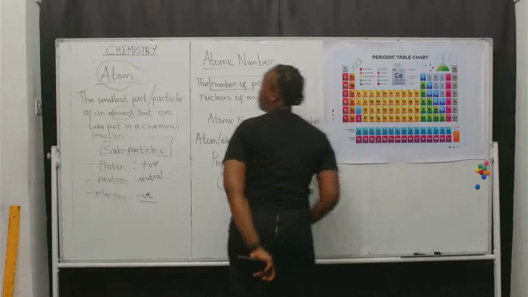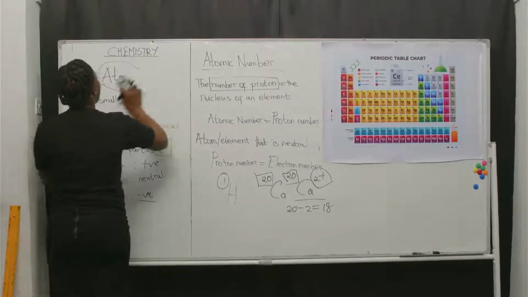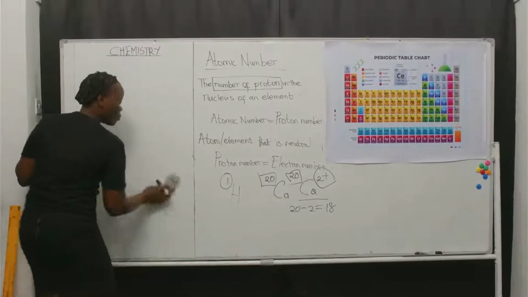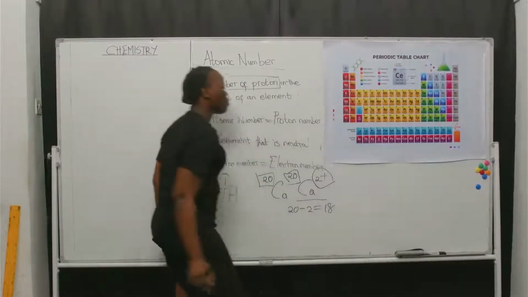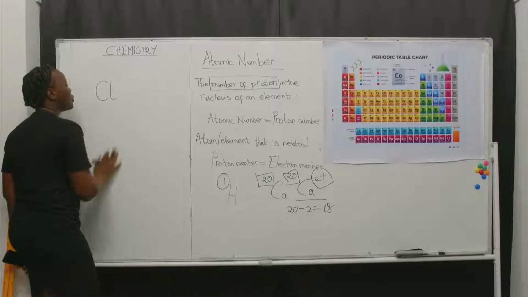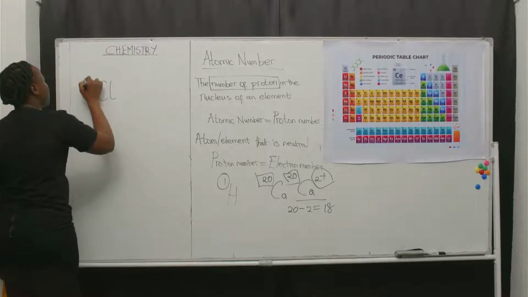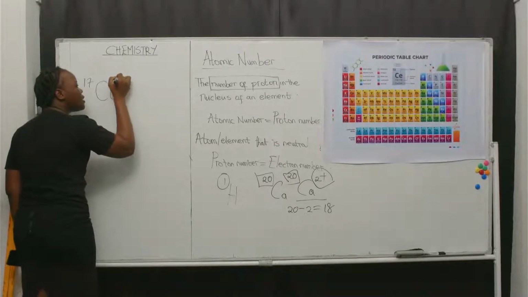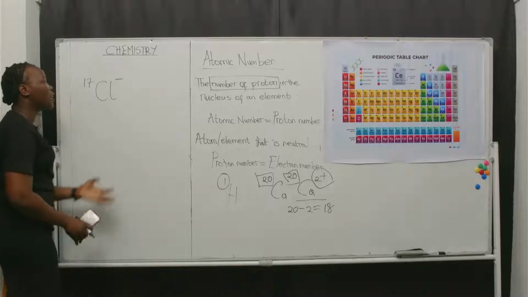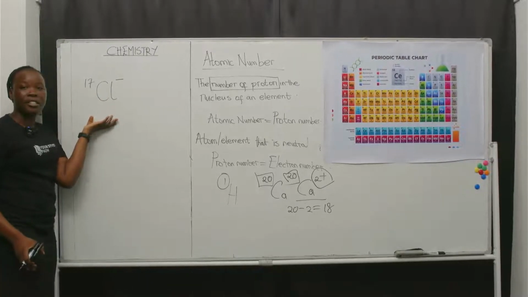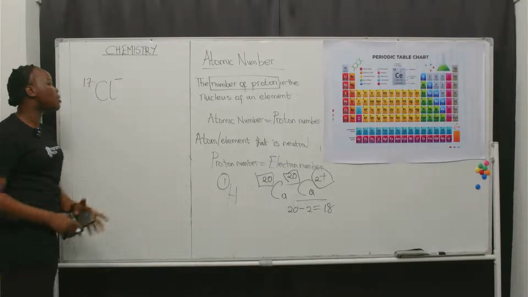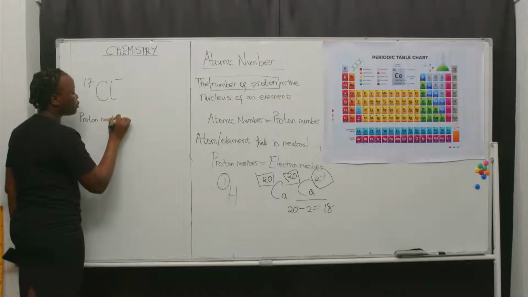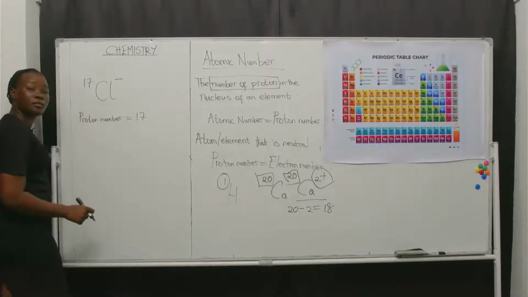Let me give another example. For chlorine, chlorine is the 17th element on the periodic table. So the atomic number is 17. But if it has a negative sign here, that means it's negatively charged. That means it is an anion. It has received one electron to itself. If I'm asked, the proton number is 17.